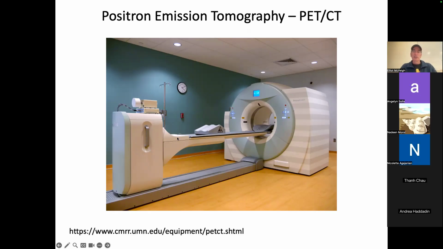The structure, or what a scanner looks like, is similar to the other scanners we've seen thus far. So it's a cylinder. The patient table's here. The patient can be moved in and out to different positions inside the cylinder. At the front end of this cylinder, virtually on every PET scanner that's sold now, there will be a CT scanner mounted to the end, so that the first thing you do with the patient is acquire a CT, much like we saw with SPECT.